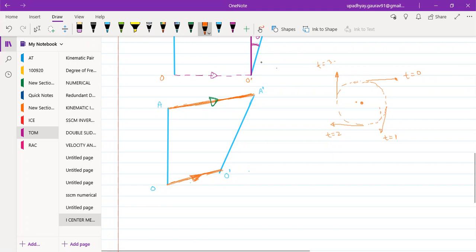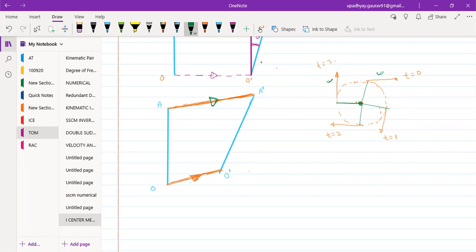So you can say, sir, don't worry, we have a very simple solution. Just draw a perpendicular to all of these directions. They will pass through a single point, because it is moving in a circular path only. All the perpendiculars to the given directions will pass through the same point, and that will be the center of this circular path.